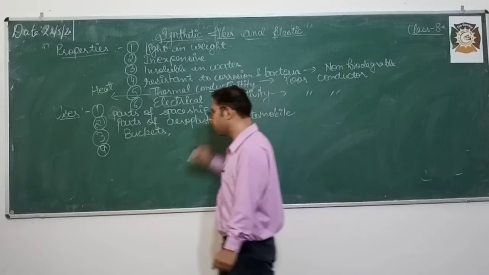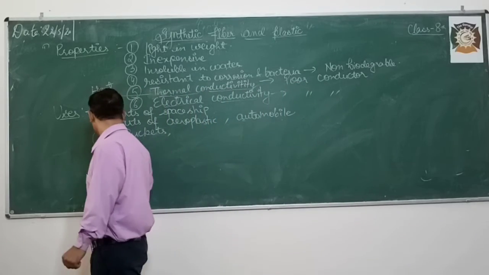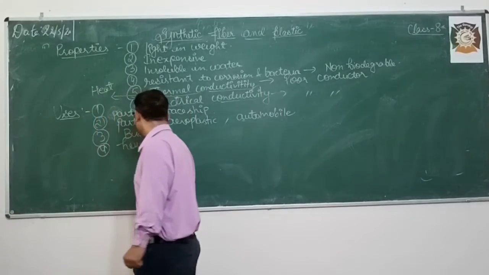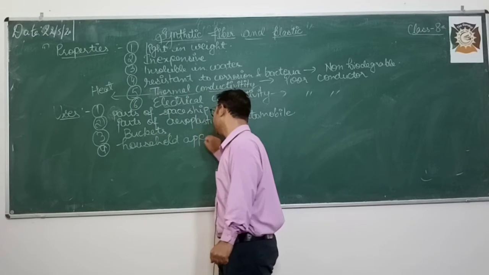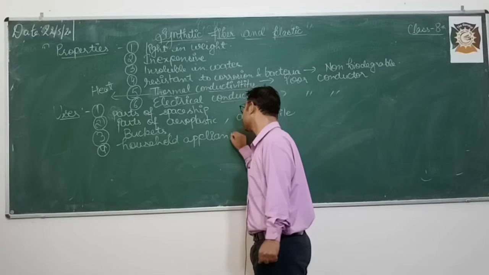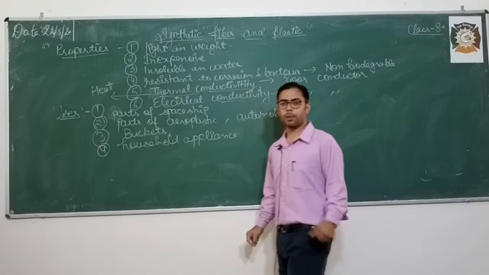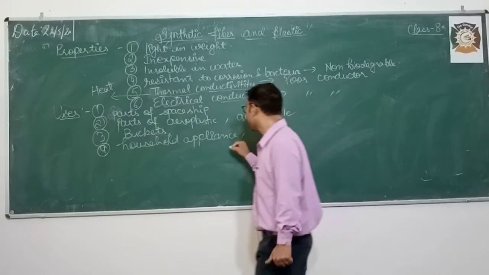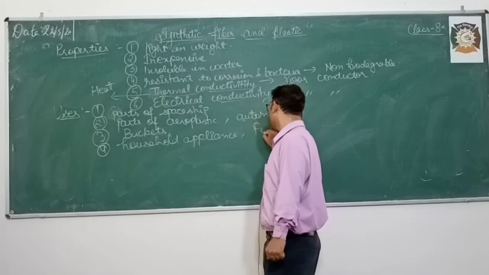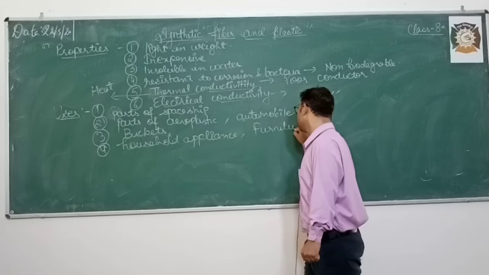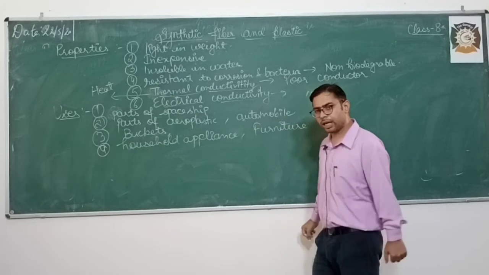So due to this, they are used in making many household appliances. That means most of the electrical appliances you see in your home are made up of plastic. Nowadays they are also used to make furniture like chairs, dining tables, etc.